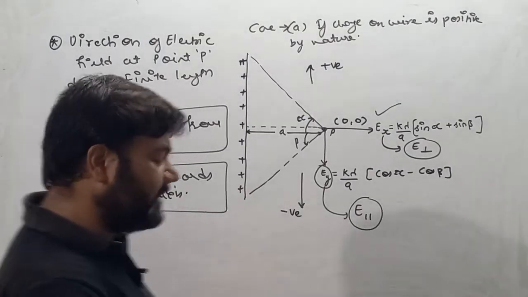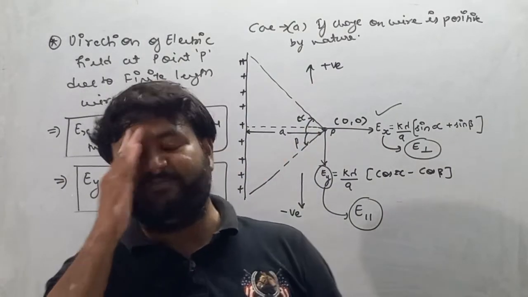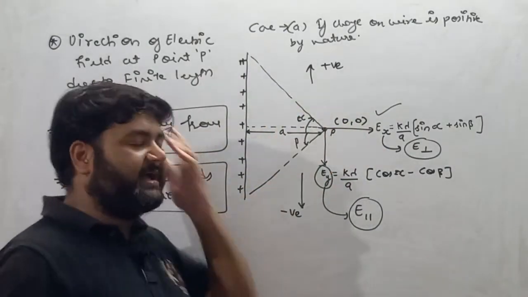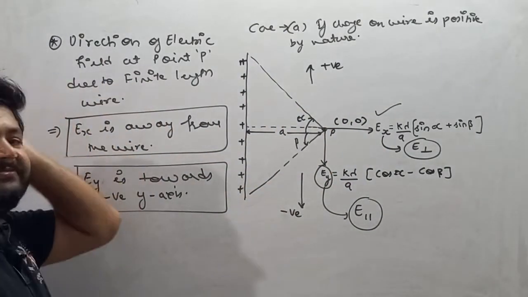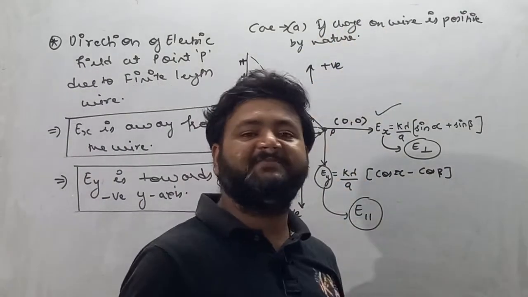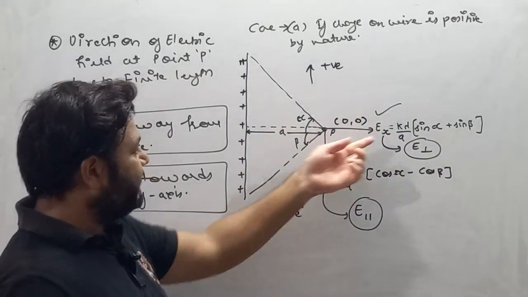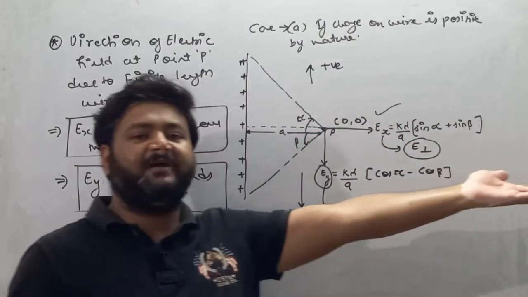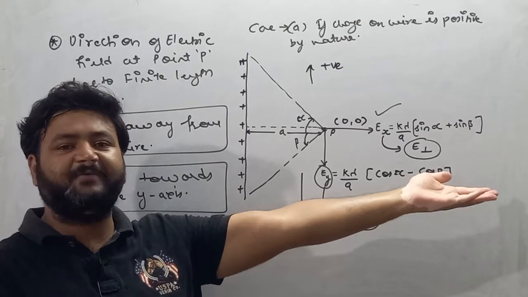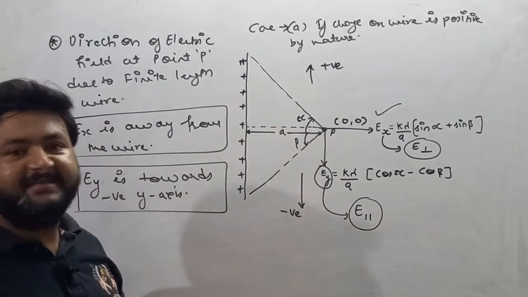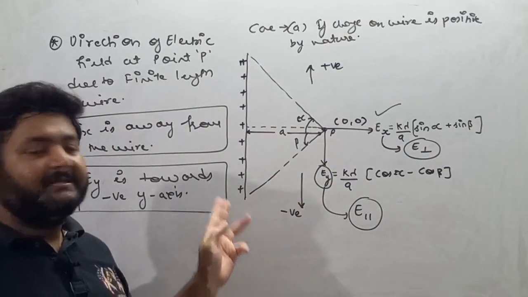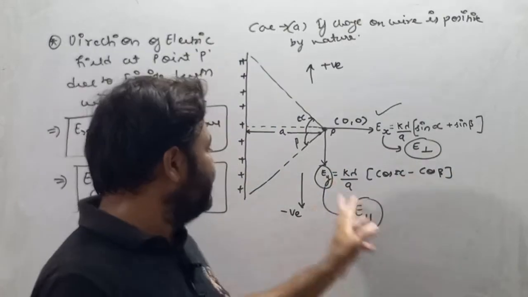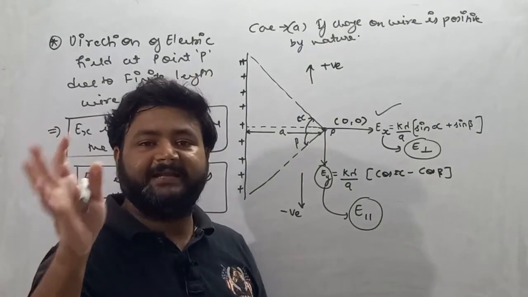So I hope you all are getting the direction of electric field along the x-axis and y-axis due to finite length wire if the charge on the wire is positive. Electric field along the x-axis is perpendicular to the wire and along the y-axis is parallel to the wire, so Ex is called E perpendicular and Ey is called E parallel.